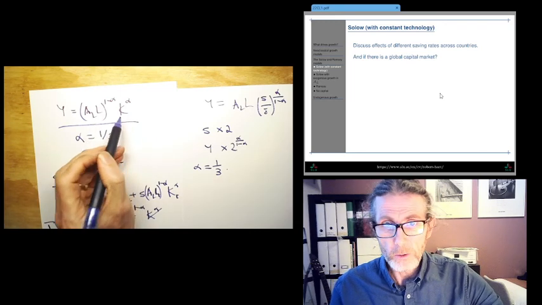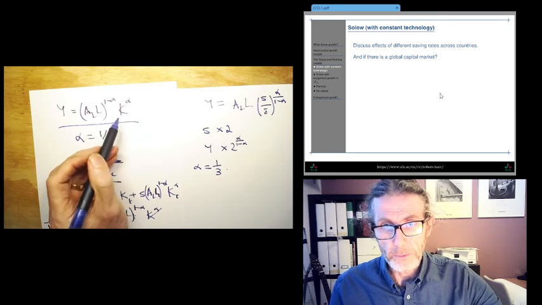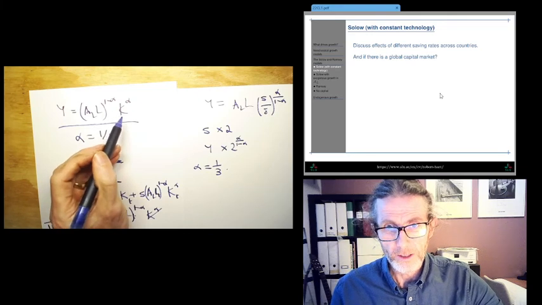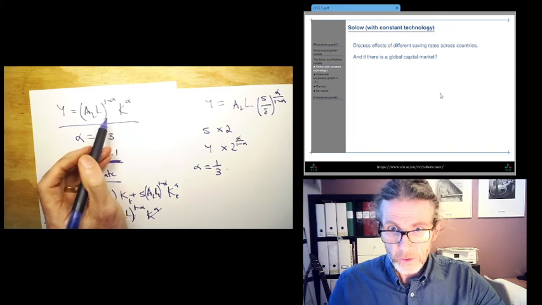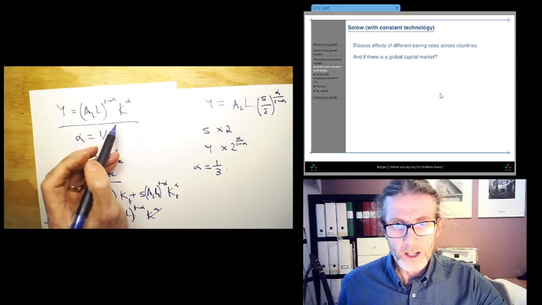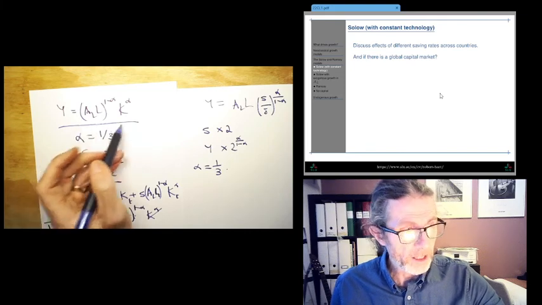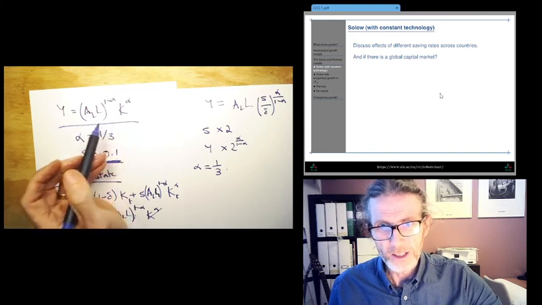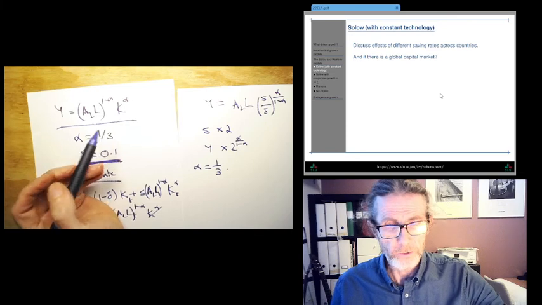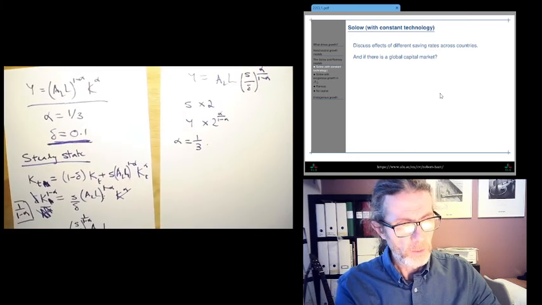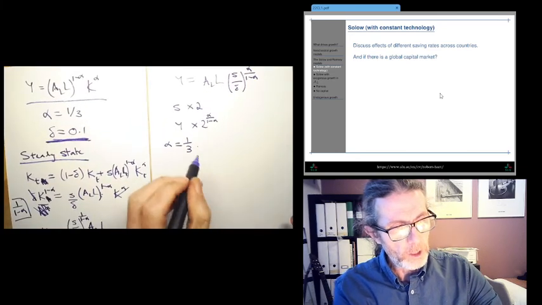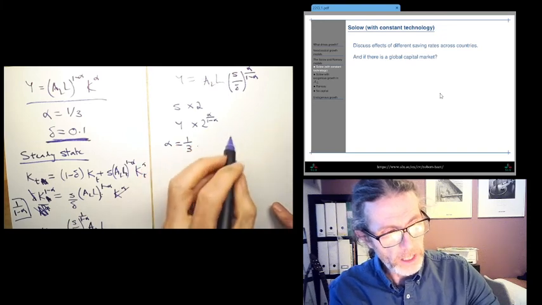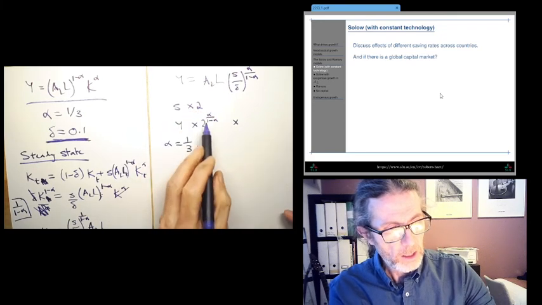And we know empirically that the factor share of capital is approximately 1/3 and is constant more or less over time. This is one of the reasons why we like using the Cobb-Douglas function, because it has this property which fits the data.